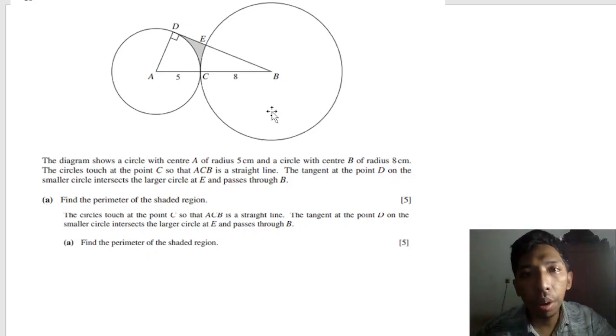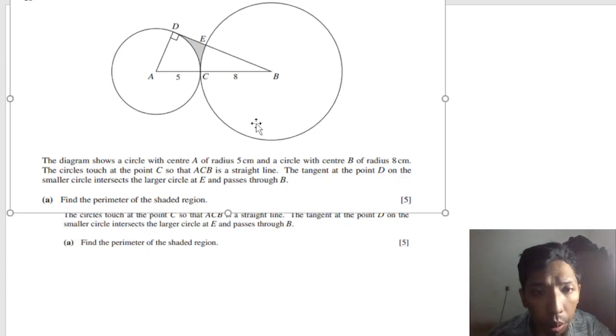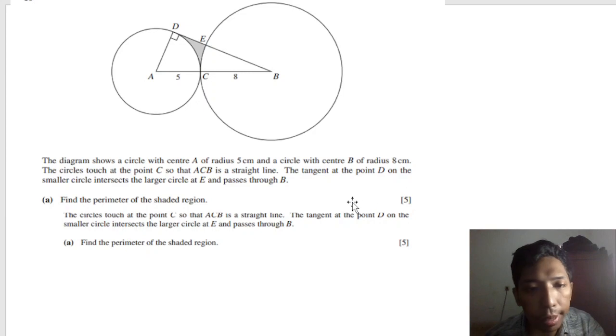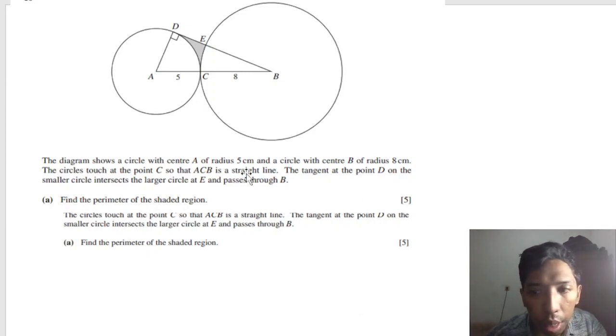Alright, so now we are going to discuss the question from the A-level test, from 2022 for Pure Math 1. Let me describe this. There are two circles.